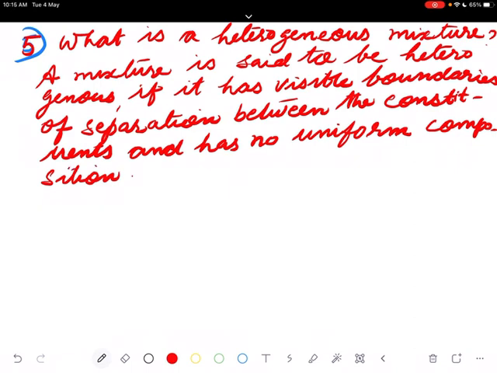That means at different places, different composition.